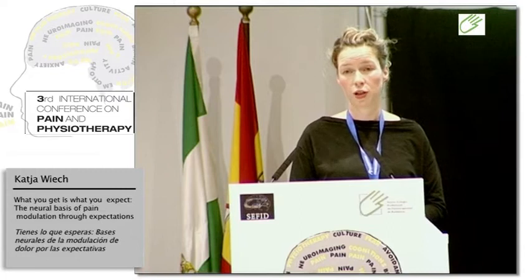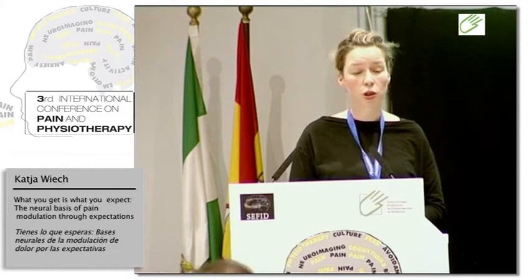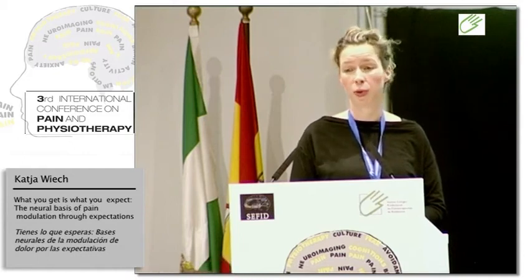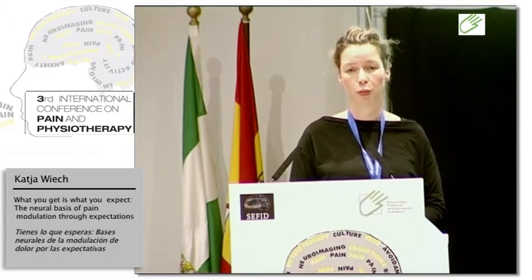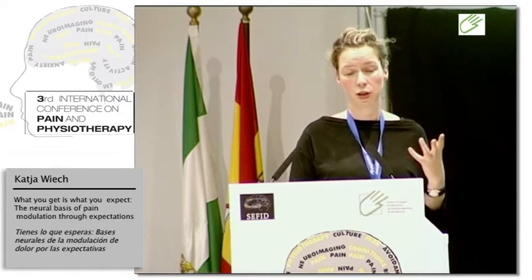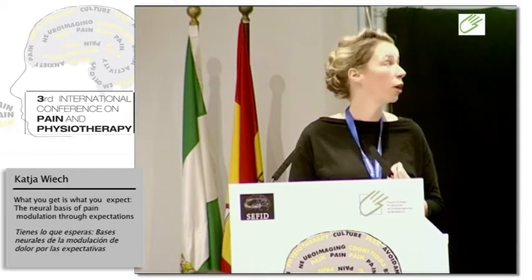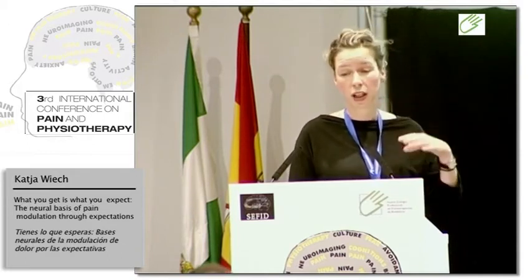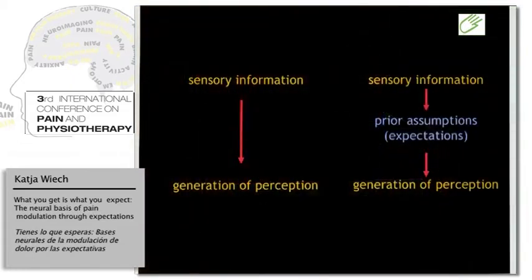So when patients have a very negative outlook on how their pain is going to progress, that they may lose their job, that they may end up with relationships that are suffering from their pain problem. That is a perspective that certainly creates a fear that makes the pain worse. And all of that can be summarized as prior assumptions. So people have ideas about what is going to happen next.